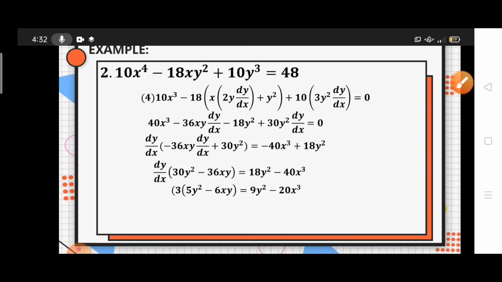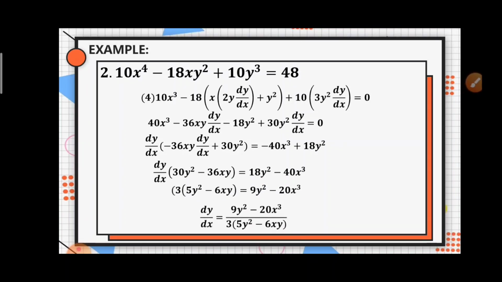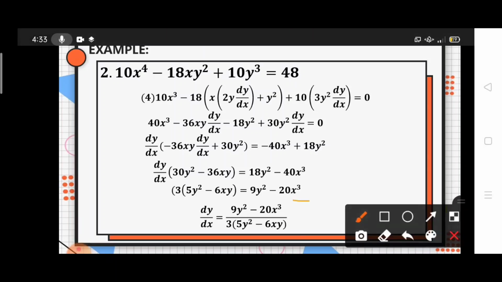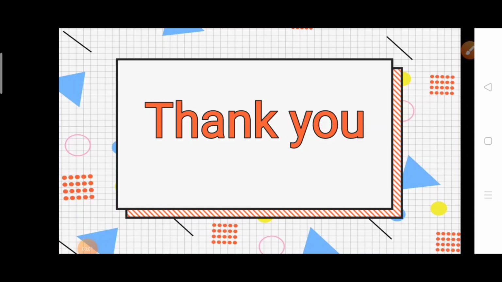So what is left is 9y squared minus 20x cubed over 3 times 5y squared minus 6xy. And this is our final answer. And that's all. Thank you.